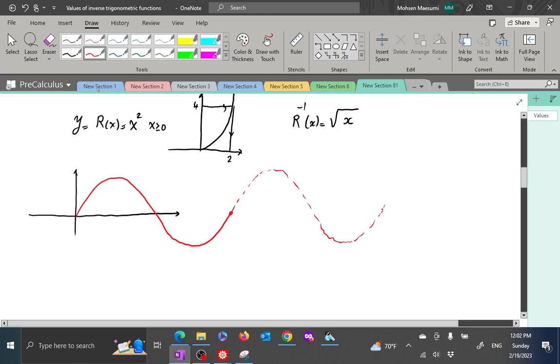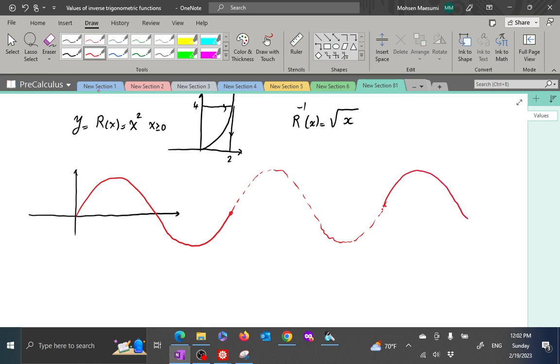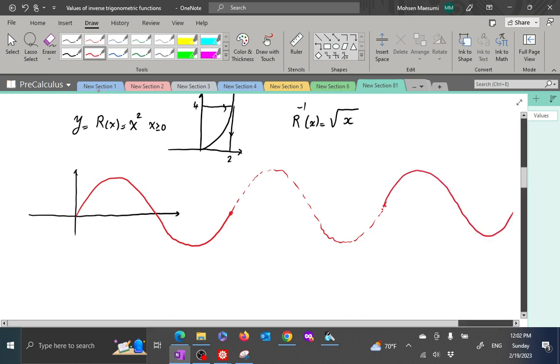There is a third cycle, and going backward we have more. So does this thing pass the horizontal line test? Absolutely not.